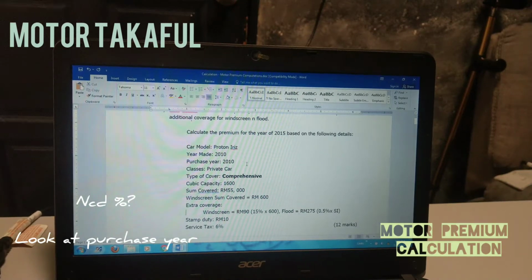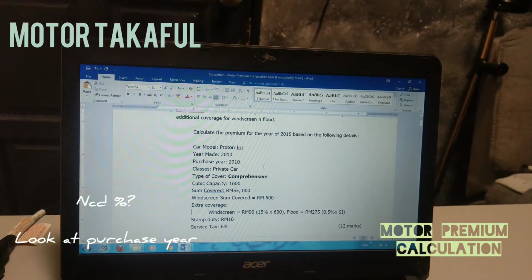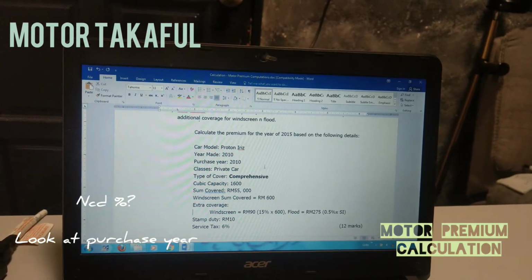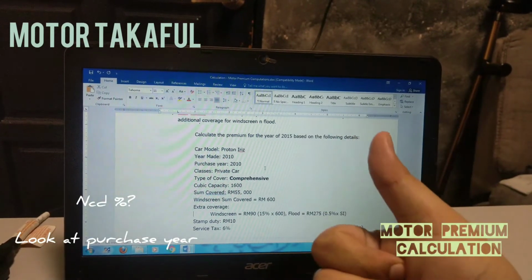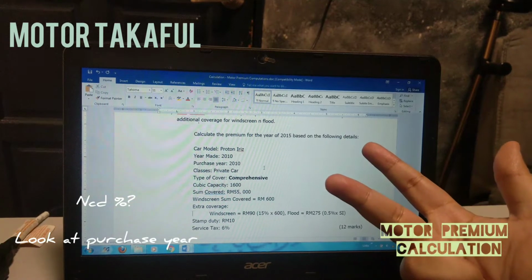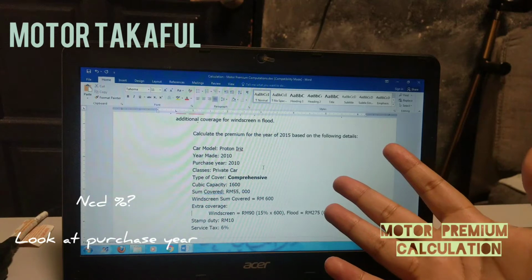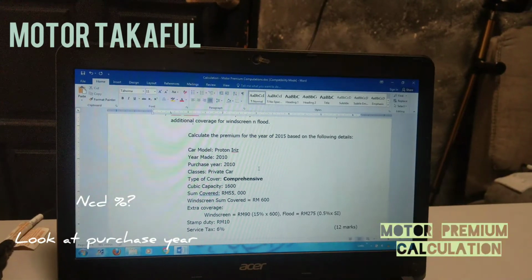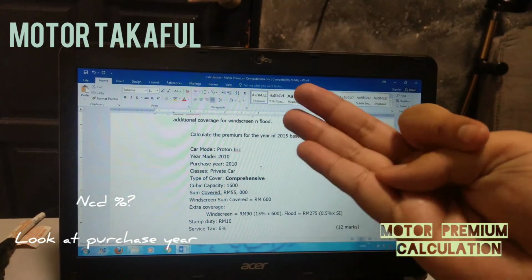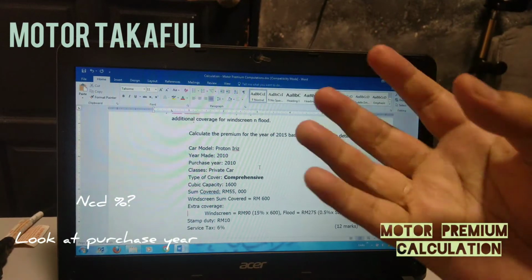So from 2010 until 2015, how many years will it take? Normally I just count using my fingers. 2010, 2011, 2012, 2013, 2014, 2015. So it is 5 years.